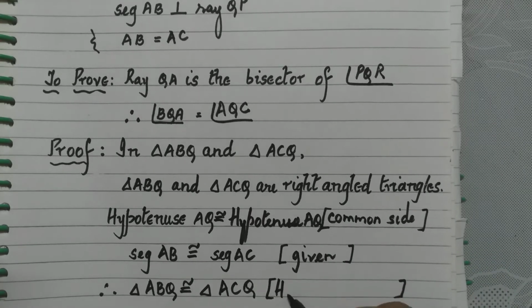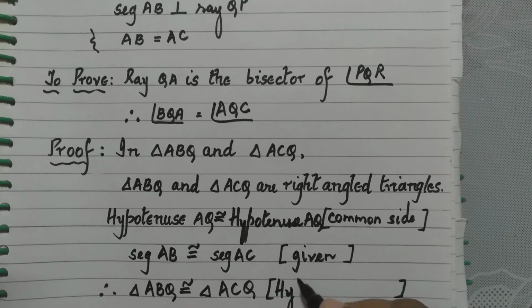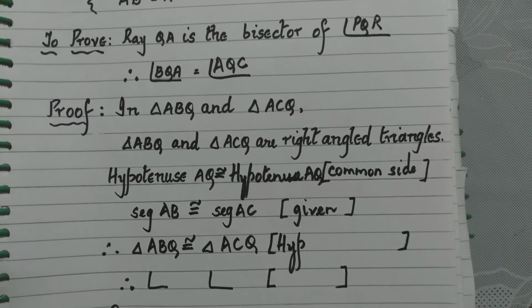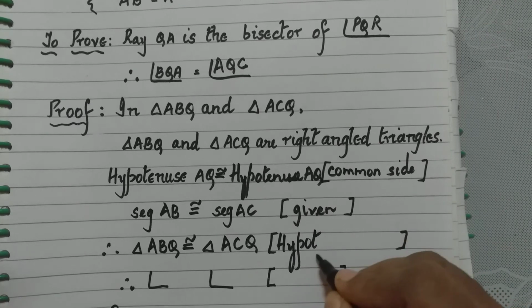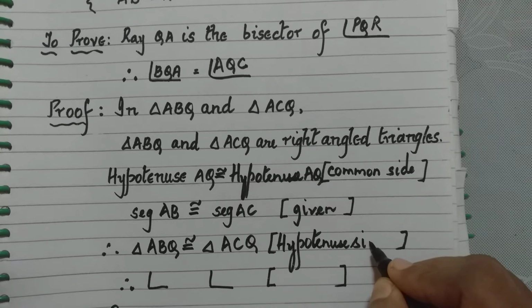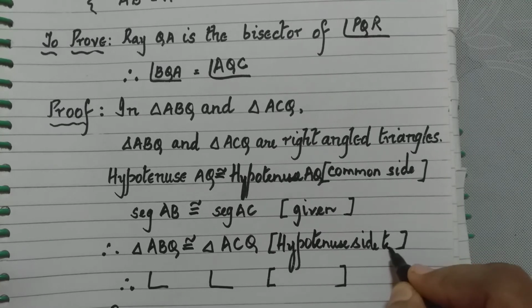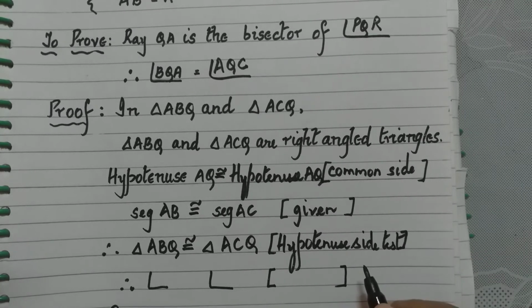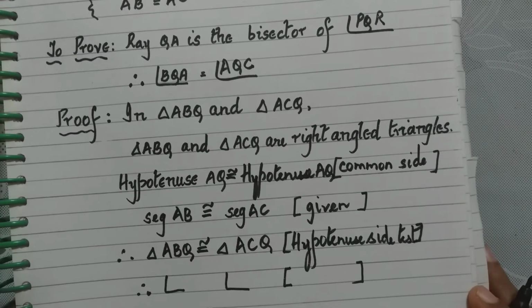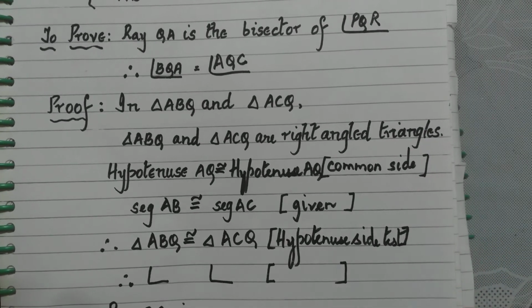By the hypotenuse side test. Okay, so by the hypotenuse side test. So now these two triangles are congruent by the hypotenuse side test.